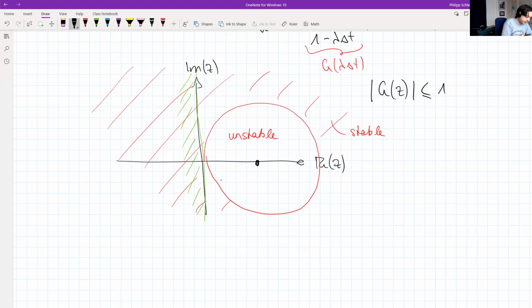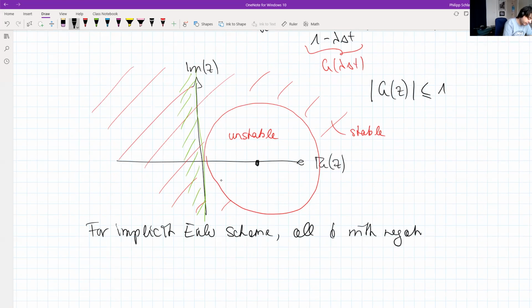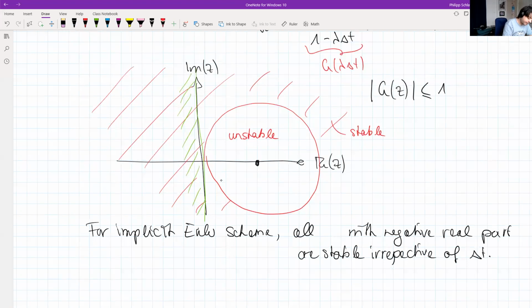So for the implicit Euler scheme, all lambda with negative real part are stable, irrespective of delta t, of the choice of the time step.